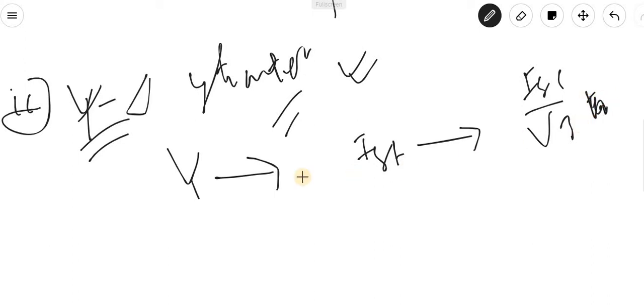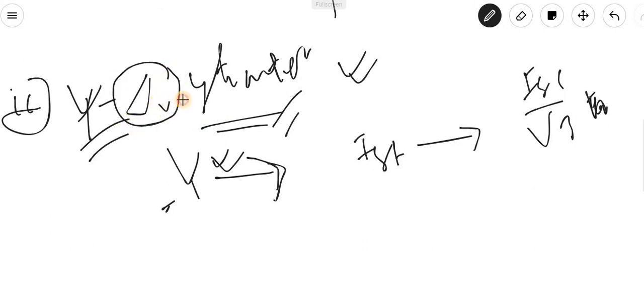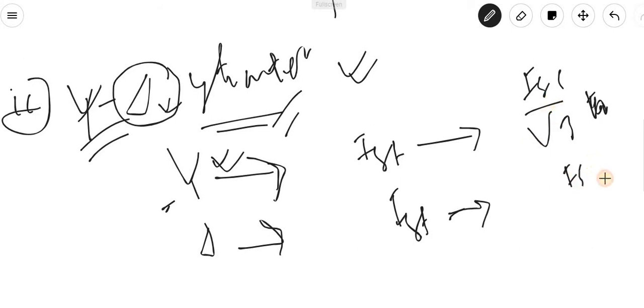But if the machine is running, it is working as a delta connection. So in delta, how much will the starting current be? The starting current will be 2-3 times the short circuit current.